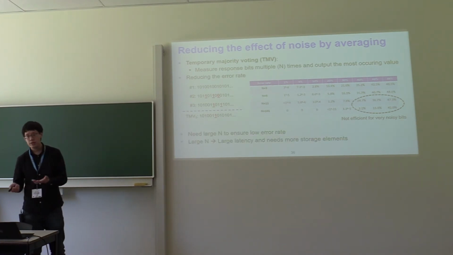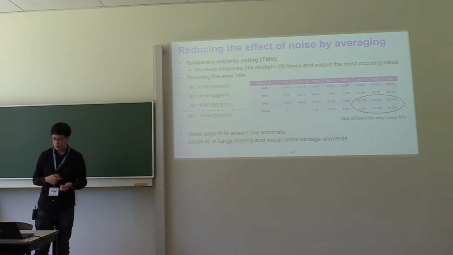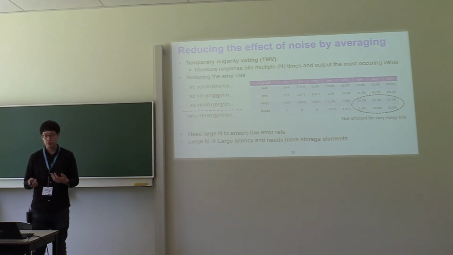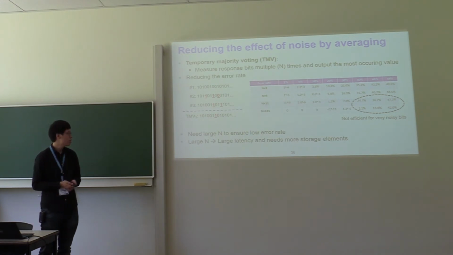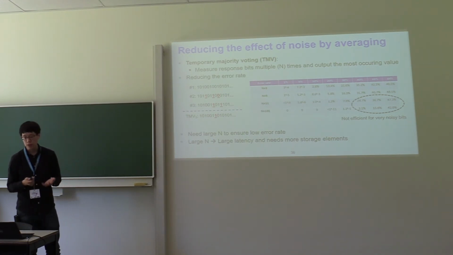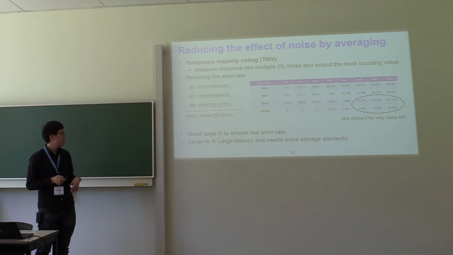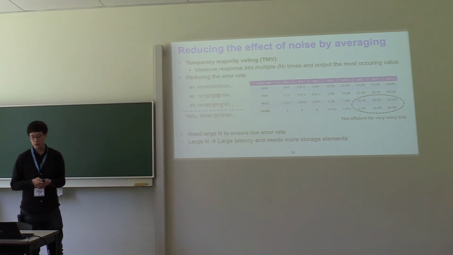And if you need a really large number of n to reduce the error rate, you also introduce a lot of latency in your system. So it's not a good idea to use such a big number of n.